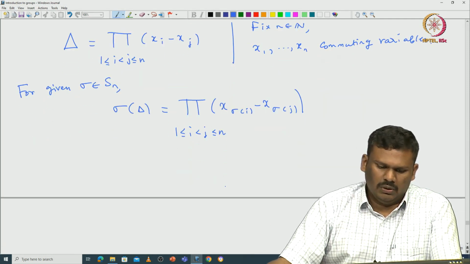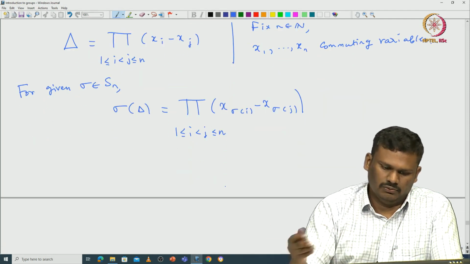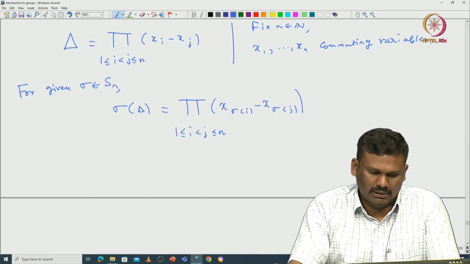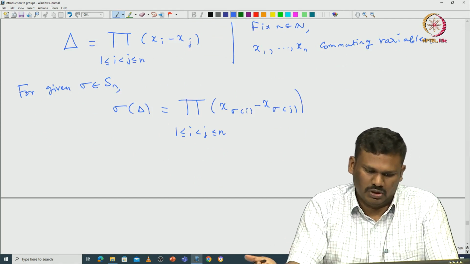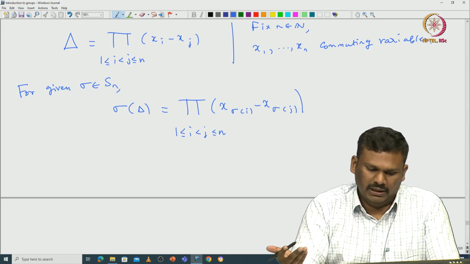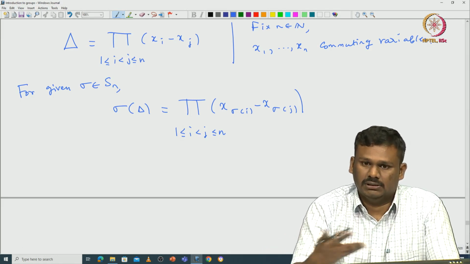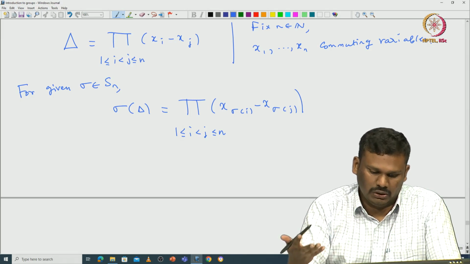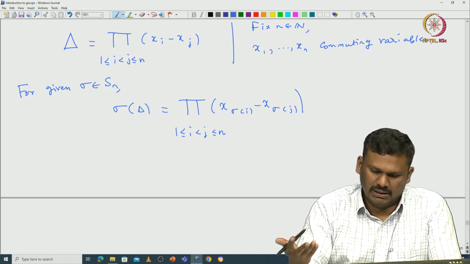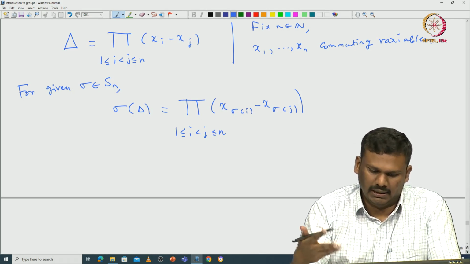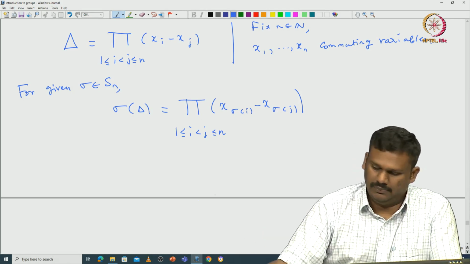But one doesn't need to involve the determinant directly. One can work with the Leibniz formula of the determinant and define the sign map without getting into the actual determinant. But in some sense, the determinant properties are hidden in the definition of sign map.